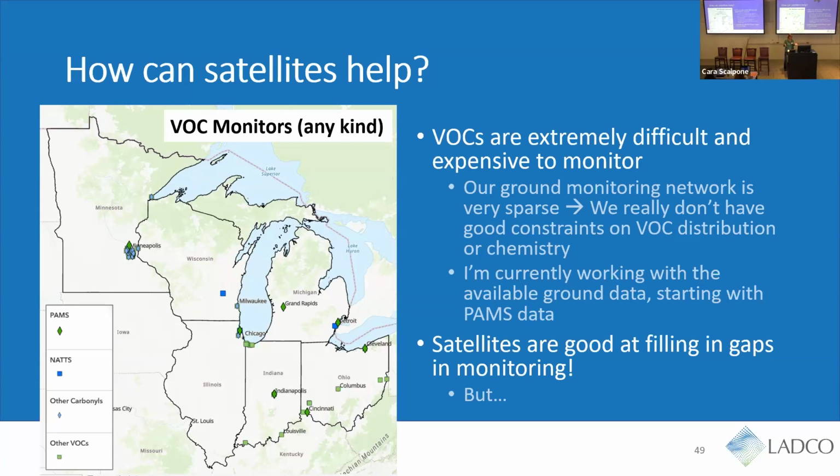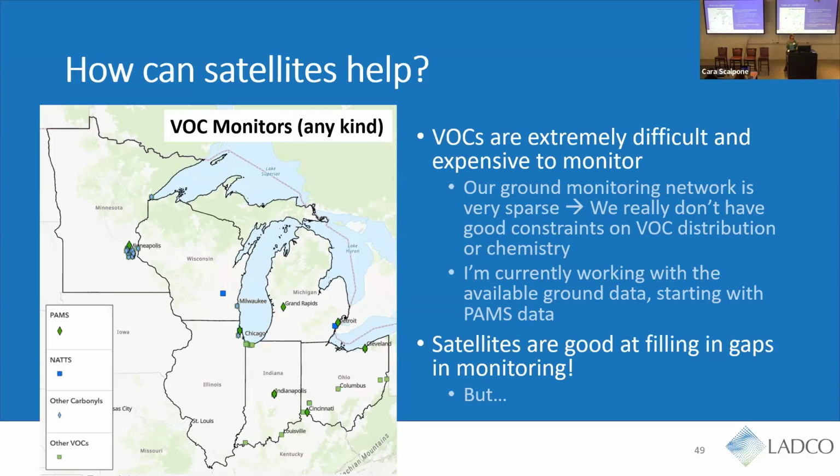It's great to monitor benzene, but there's thousands of VOCs. Even the complete PAMS suite, which is our most complete set that's monitored routinely, measures at best 60 compounds, and maybe only 10 or so are not hydrocarbon, 10 or so carbonyls. So we're really very limited.